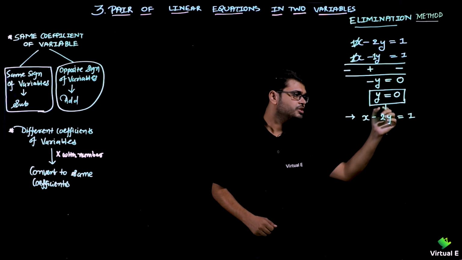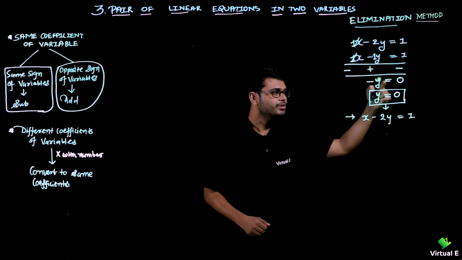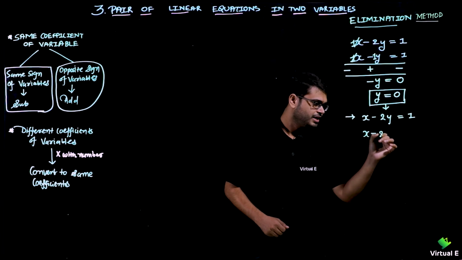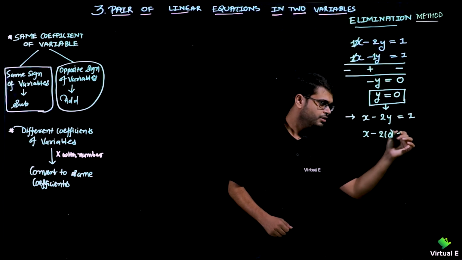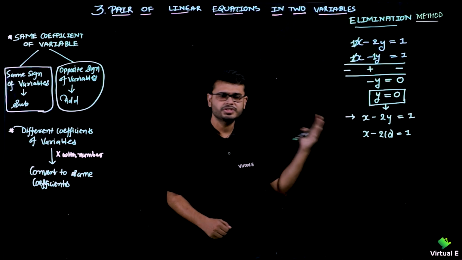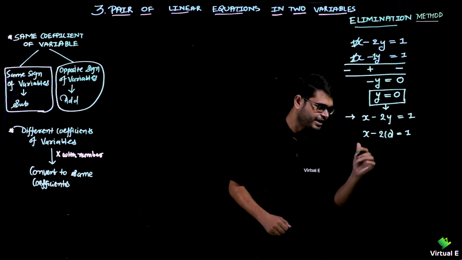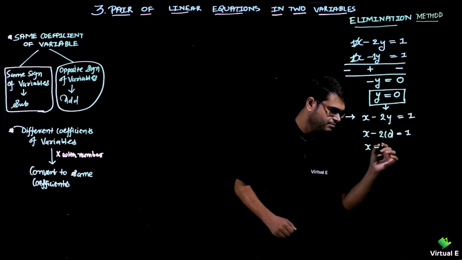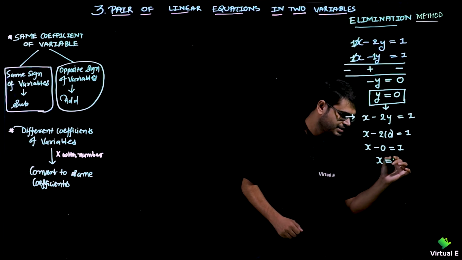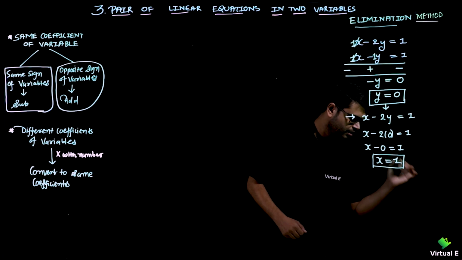I am going to substitute the value y is equal to 0 in this equation. So x minus 2 into 0 is equal to 1. Anything multiplied by 0 will give you 0, we know this multiplication fact. So x minus 0 is equal to 1. So I can write the value of x is 1. So this is my solution for x.